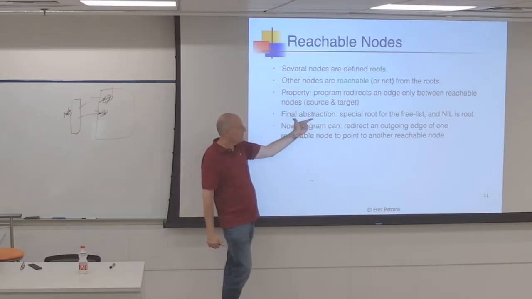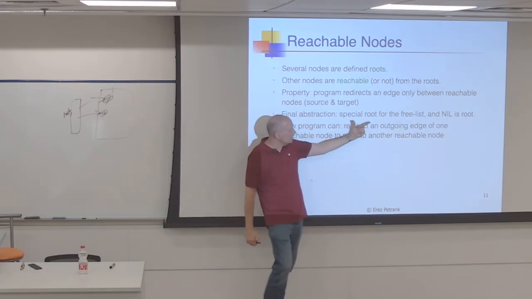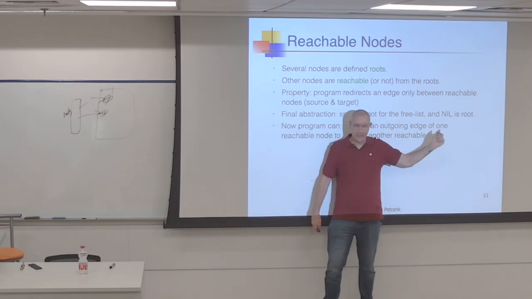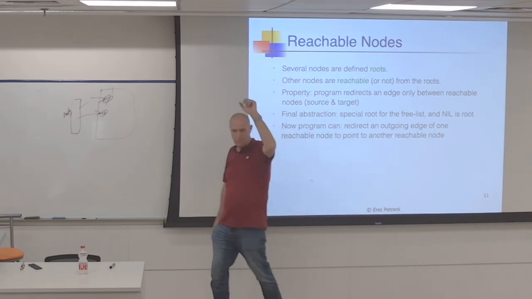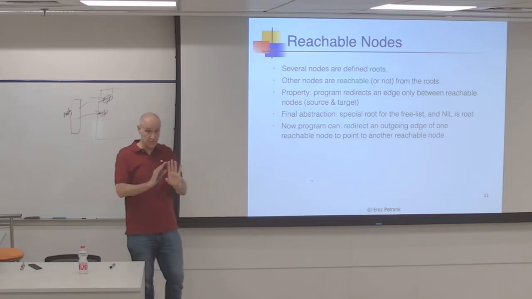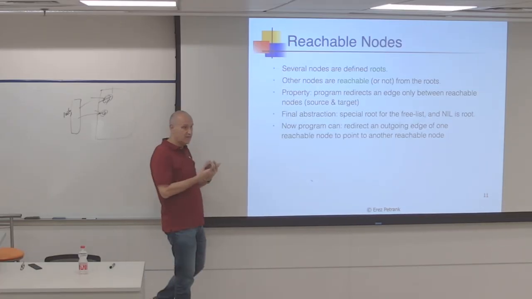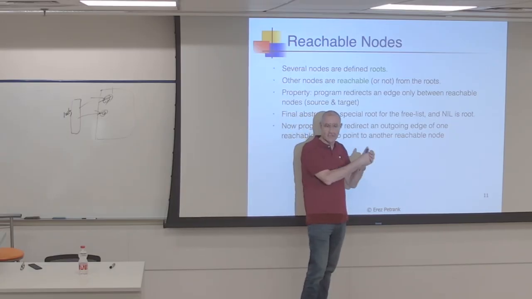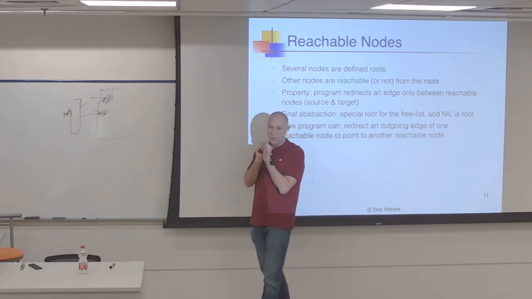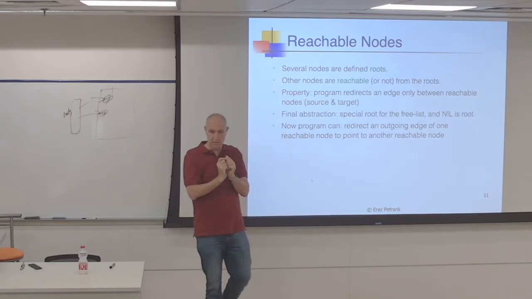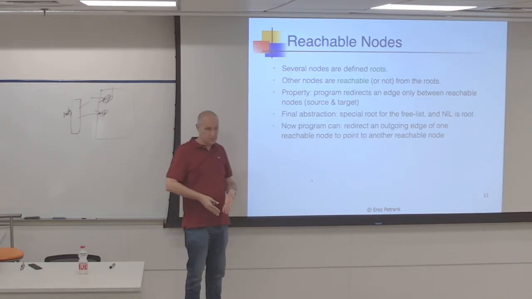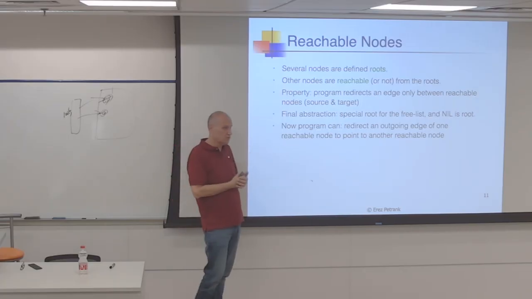So let's do the final abstraction. We'll have a special root for the free list, and nil will be a root. So all the nodes in the free list are also reachable. If I allocate an object, I take it from the free list and put it in the graph, I also only redirect edges that are reachable from nodes that are reachable, because the free list is reachable and the graph where I put it is reachable.